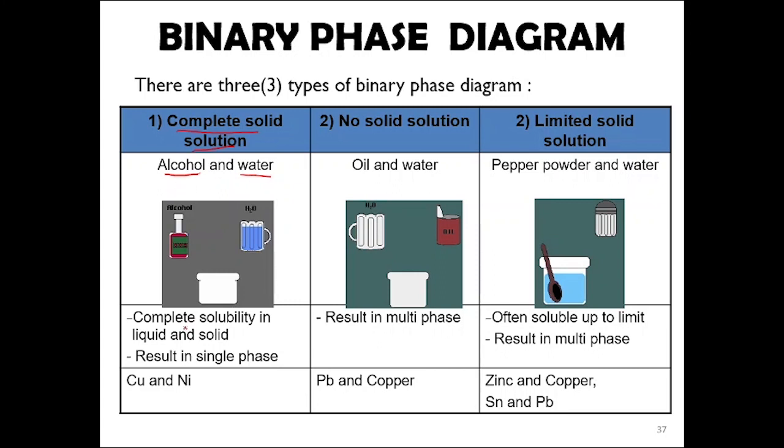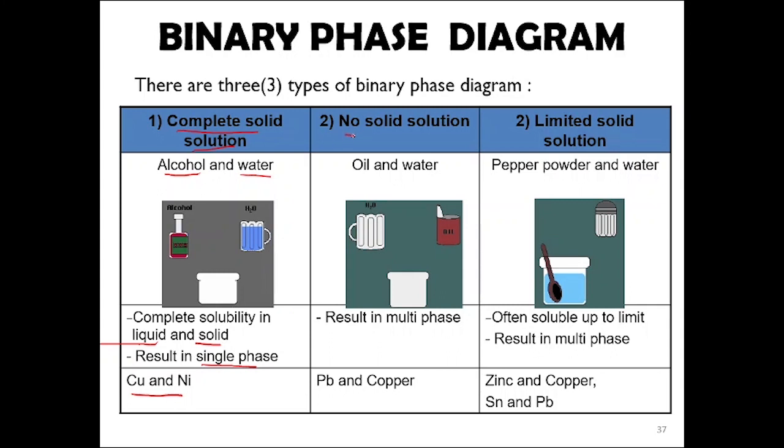So we call it complete solubility in liquid and solid. Their complete solubility is in liquid, and if we cool them down, it will become complete solubility in solid also. It results in single phase either in liquid or in solid. The example here we have copper and nickel.